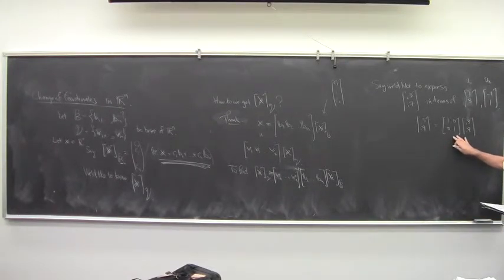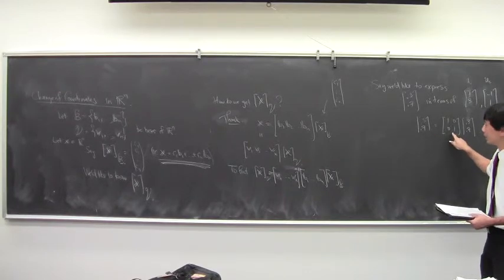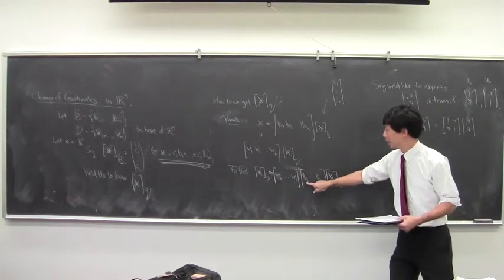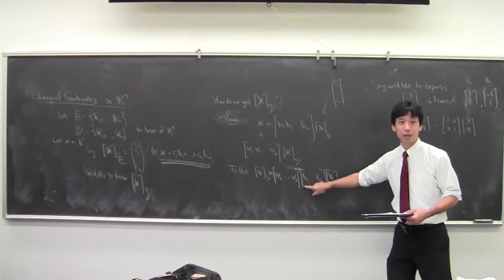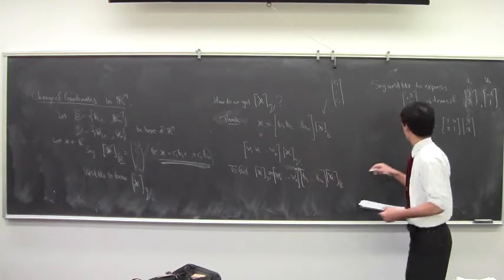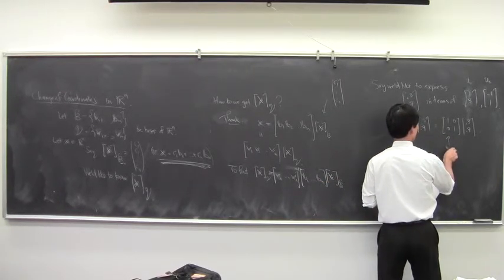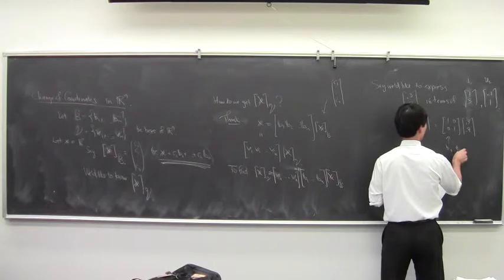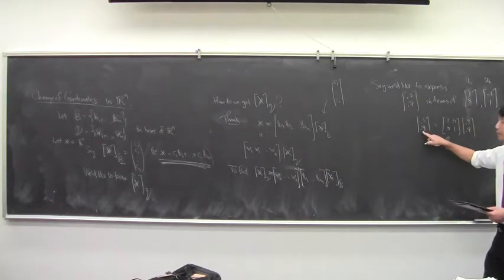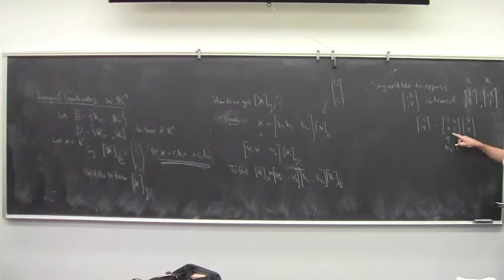That looks kind of silly. All I'm saying is that we're using the standard basis here for our b's, so this is b1 and this is b2. This was the expression with respect to the standard basis. We don't really need to do this, but I'm just making it explicit.